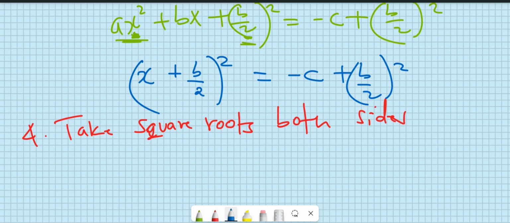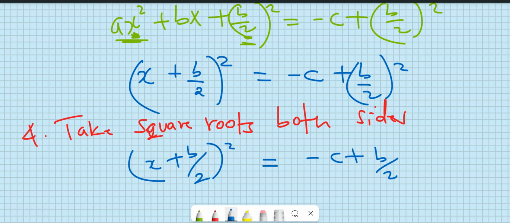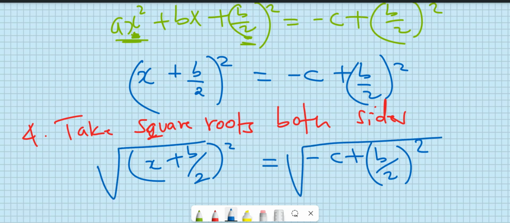What do we get if we do that? We get x plus b over 2 squared equals to negative c plus b over 2 squared. So you take square roots and then you take also square root.